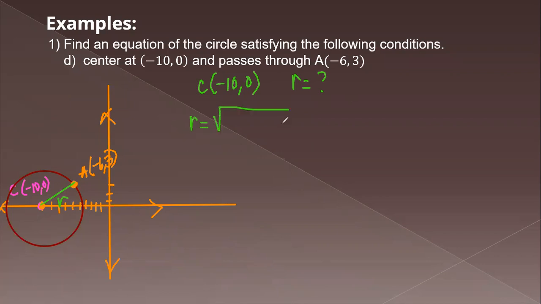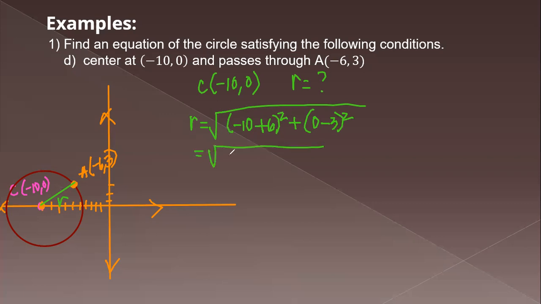So that is the square root of -10 minus, this is the first coordinate, minus -6, so negative, negative, +6 squared. Plus we have 0 minus 3 squared. That is equal to the square root of -10 plus 6 is -4 squared plus -3 squared.